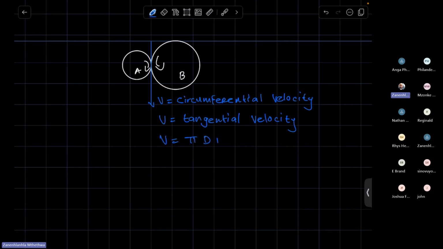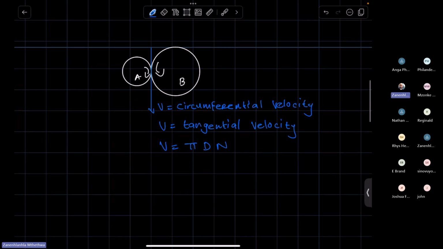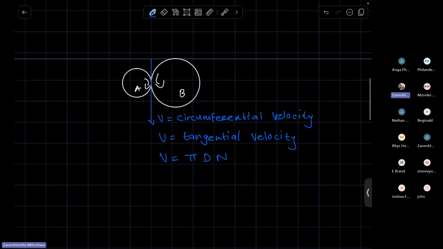Pi dn. So when we say the relationship between the two gears is one of circumferential velocity, we mean that for meshing gears, their circumferential velocity is the same. So meaning VA is equal to VB. That is the relationship between the two gears. Are we clear here?